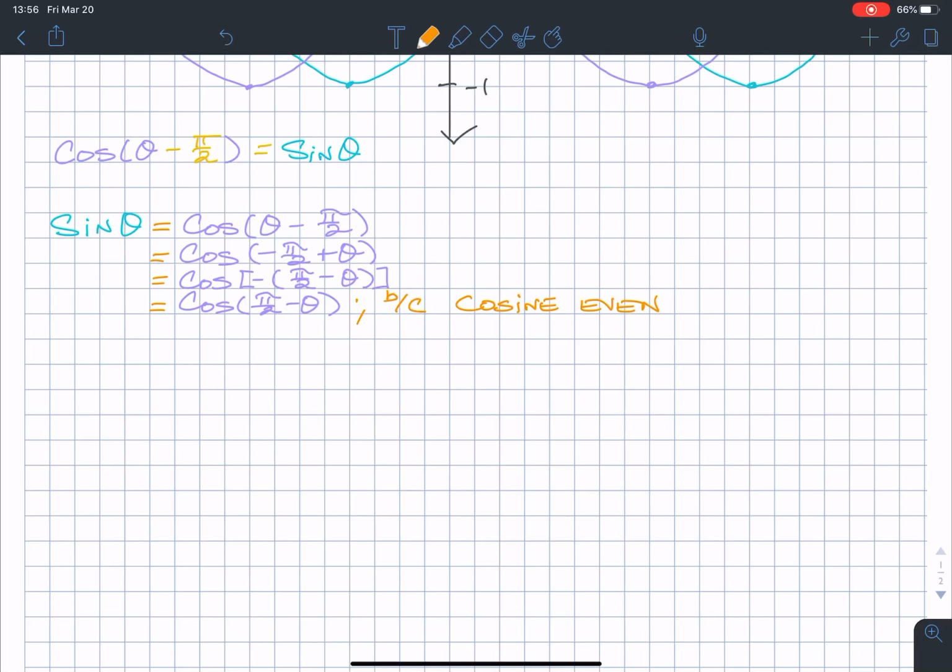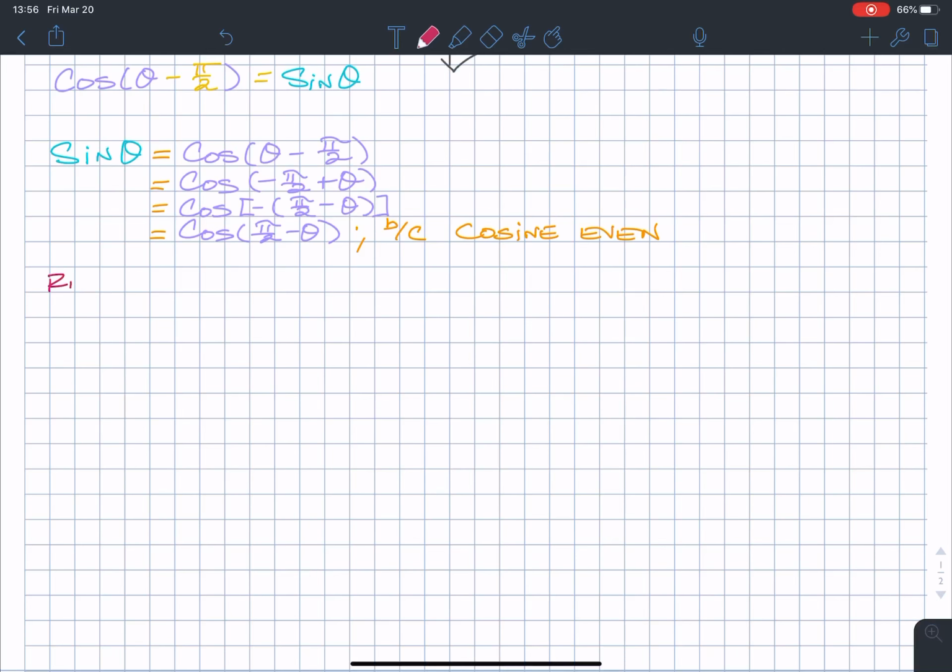Okay, so let's recall. For alpha plus beta equal to 90 degrees or pi over 2, this implies alpha and beta are complementary angles.